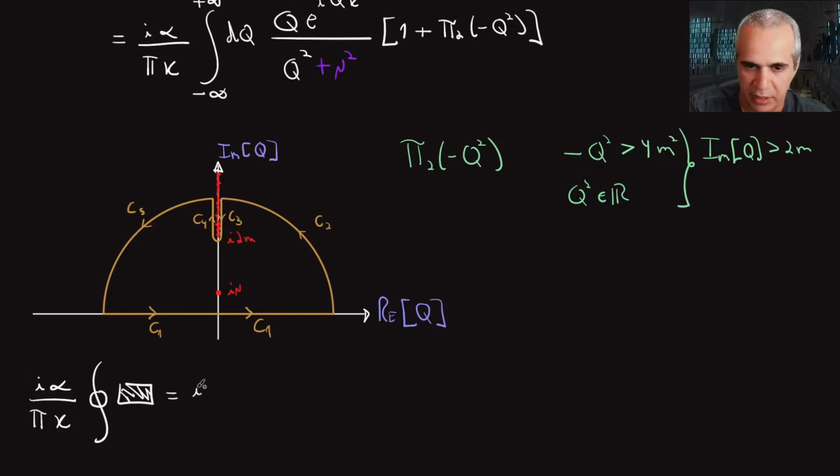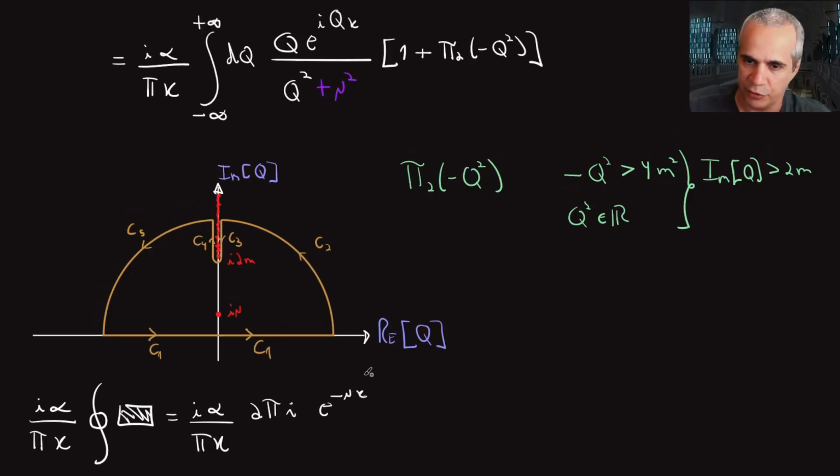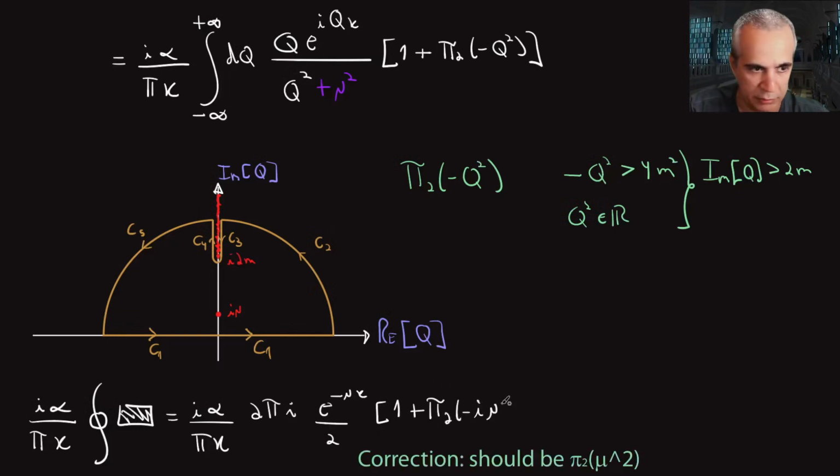So this will be i alpha over pi x, and then residues, 2 pi i times these calculated at the pole, which will be exponential of minus mu x over 2 times 1 plus pi 2 calculated at minus i mu.